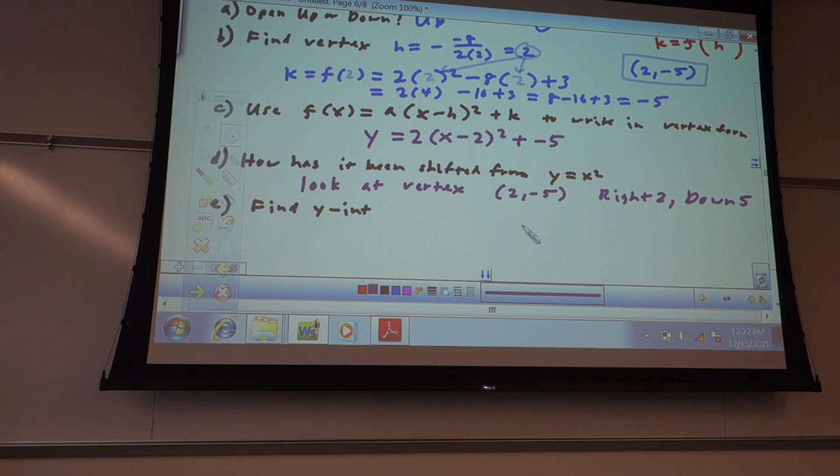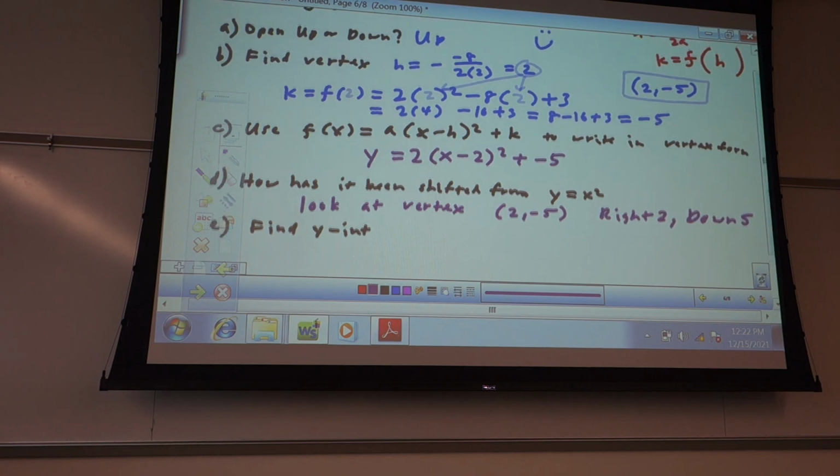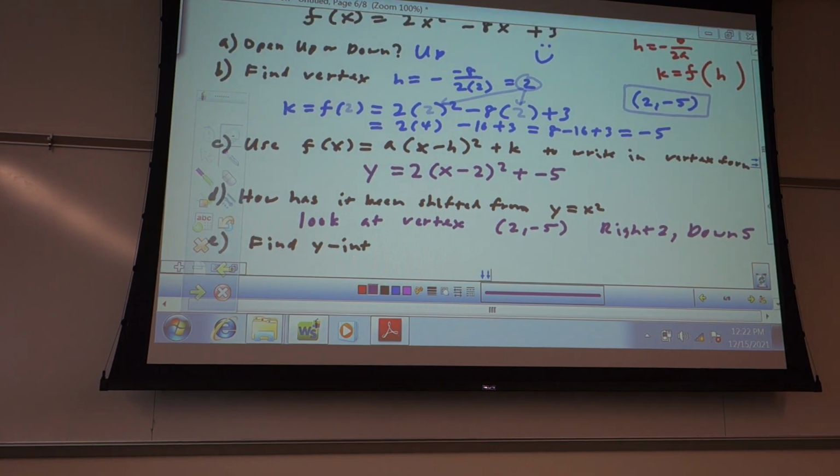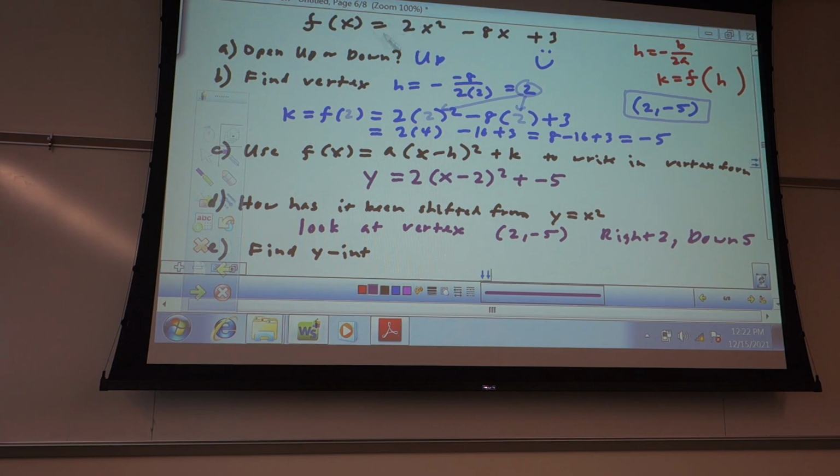Okay, and then find the y-intercept. So the y-intercept is, what's y when x is 0? The easiest way to do it is this one up here. When x is 0, these 2 go away, and you're left with 3. So I'll rewrite it. F of x is equal to 2x squared minus 8x plus 3.